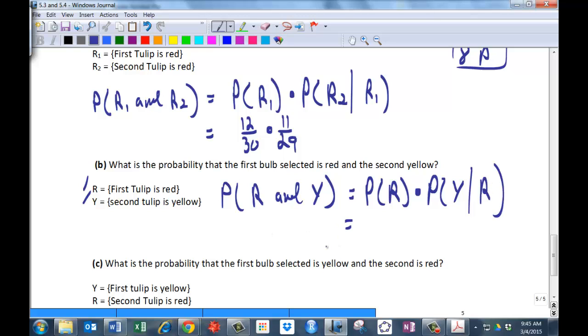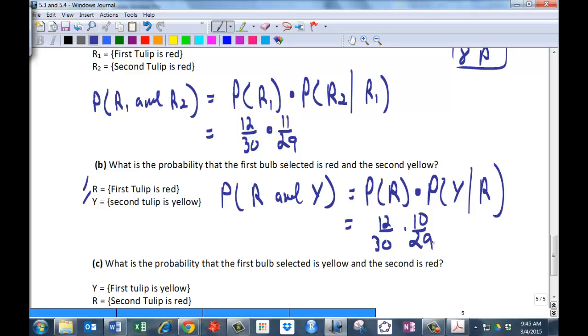So the first one is red is 12 out of 30. And then we still have, now how many yellows do we have? We still have the same number of yellows. And we had 10 yellows. So we got 10 out of 29.